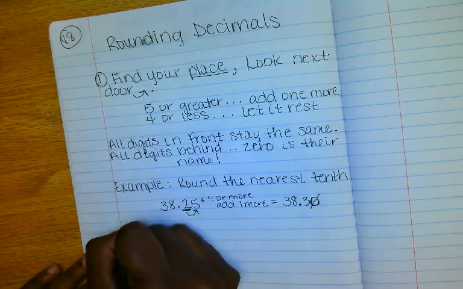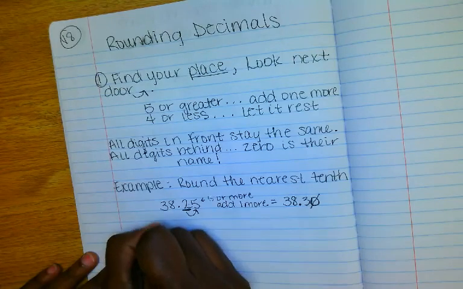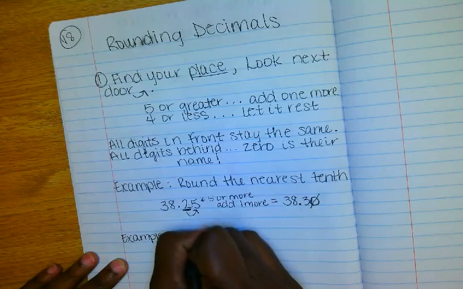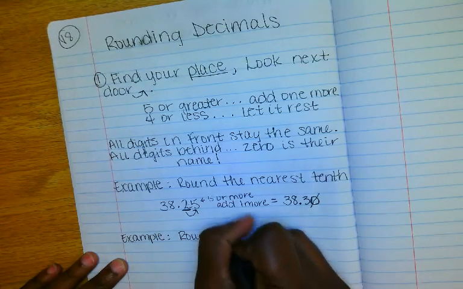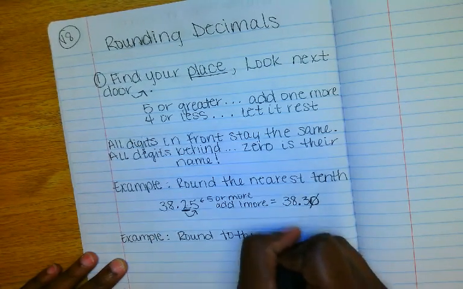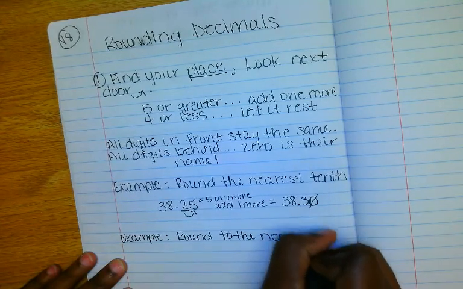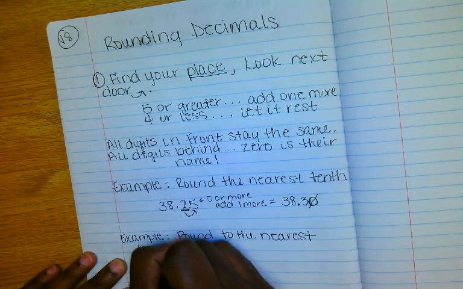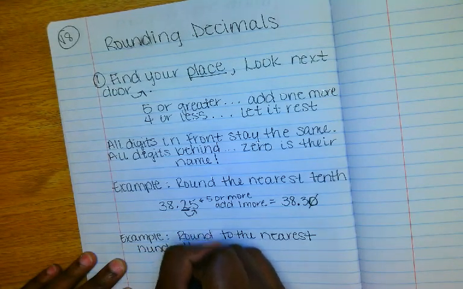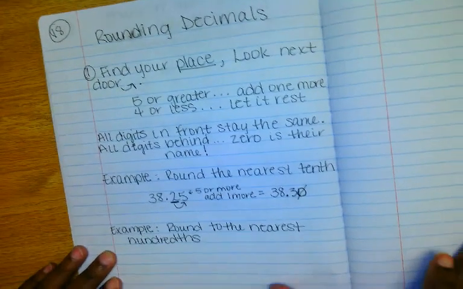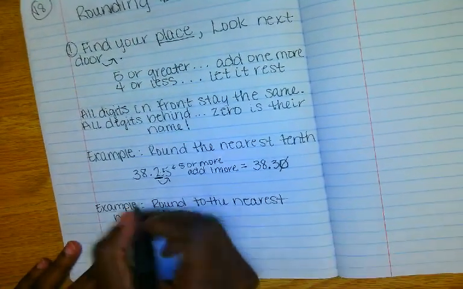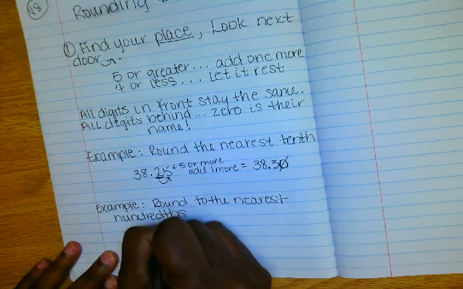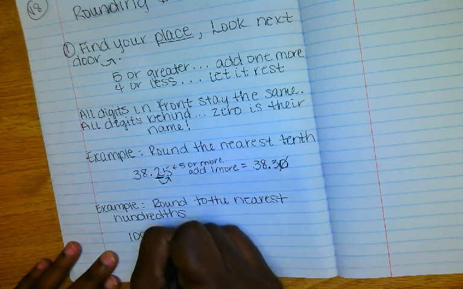Let's try another example. We're going to round to the nearest hundredths. We're going to do 109 and 254 thousandths.